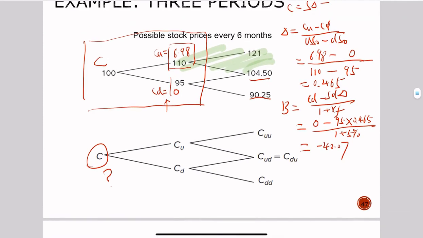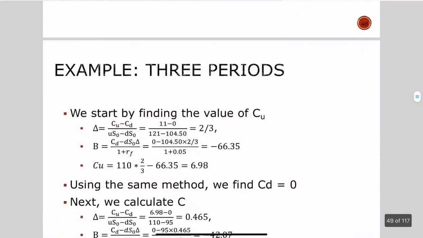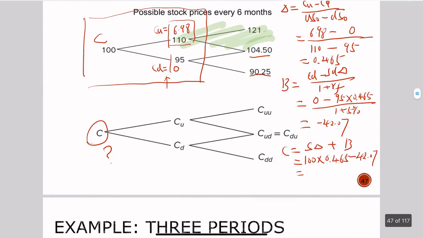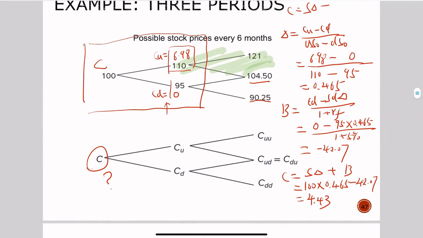And now what you would do is find out the call price, right? So S delta plus B, which is 100 times 0.465 minus 42.07, which gives you 4.43, right? So that's how you use this replication approach to price this more complicated call option.